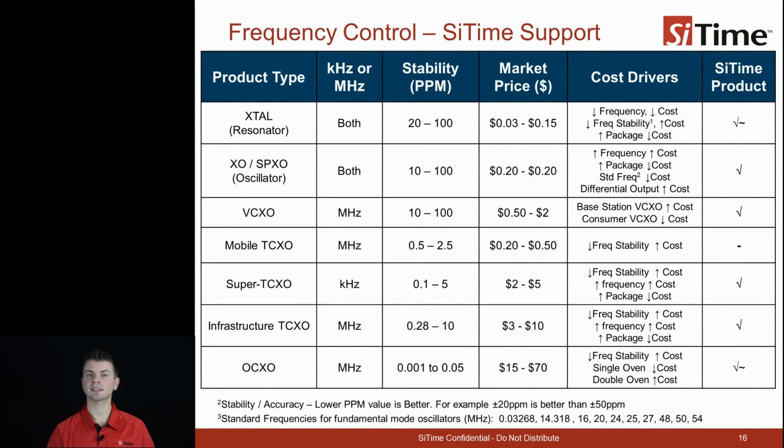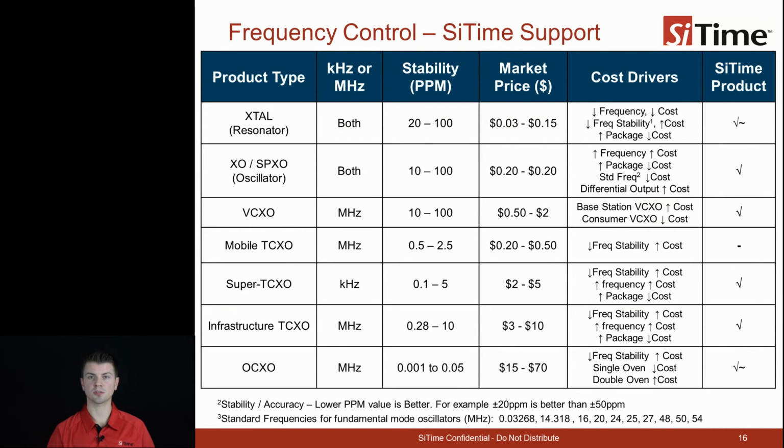SiTime has every product sector covered with existing devices or devices soon to be sampled except mobile TCXO. Resonators at 2 different frequencies have been sampled to customers, and the super TCXOs, which have also sampled, can compete with a single oven OCXO in some applications.